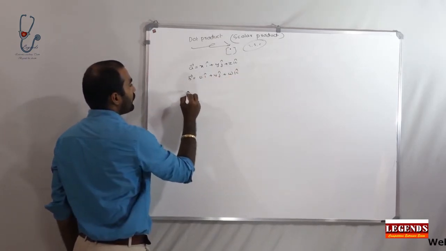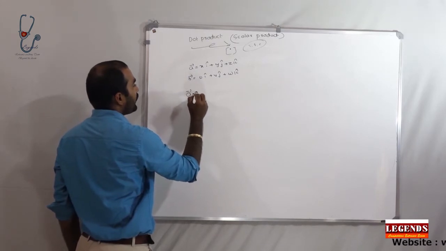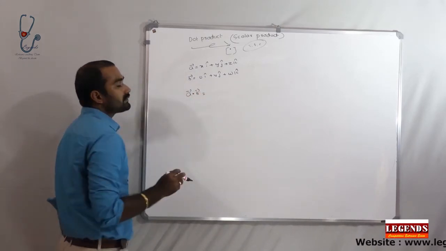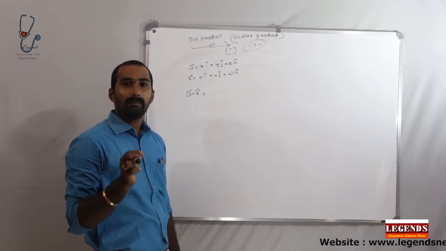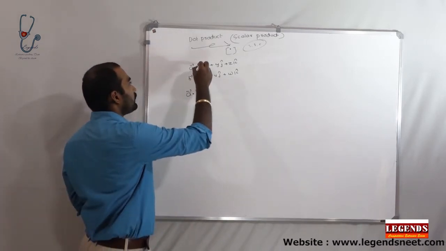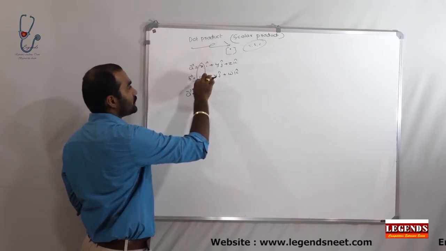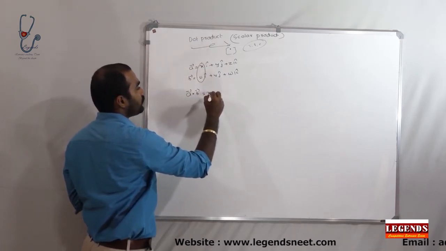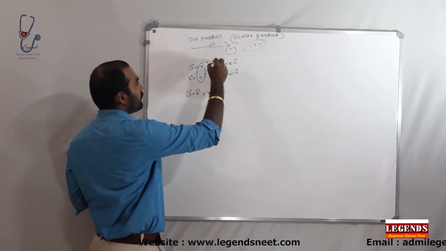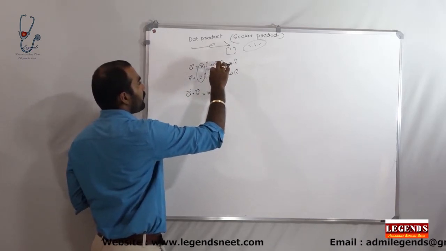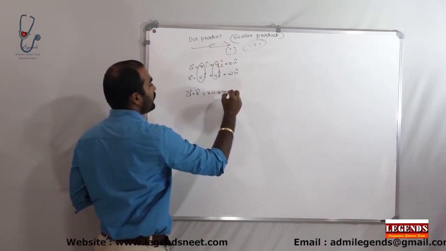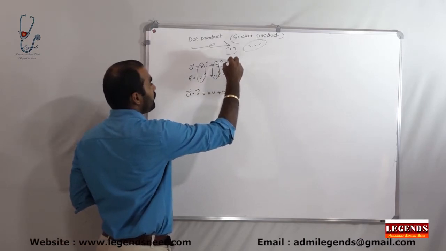Now I take the dot product of the two vectors, a dot b. First take the product of the coefficients of i: x into u is xu, plus the coefficient of j: y into v, yv, plus z into w, zw.